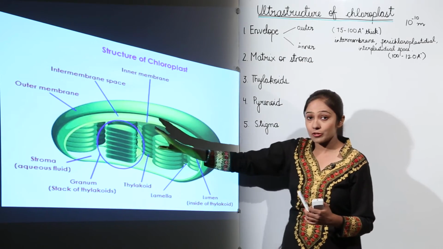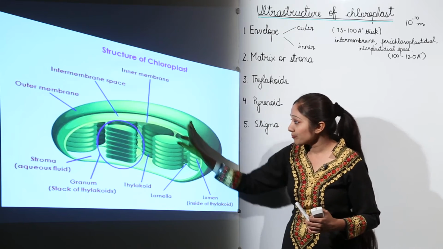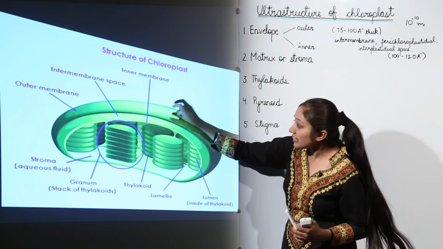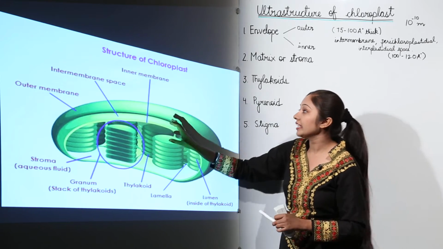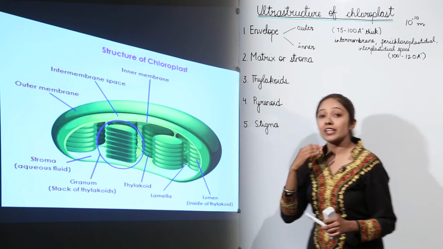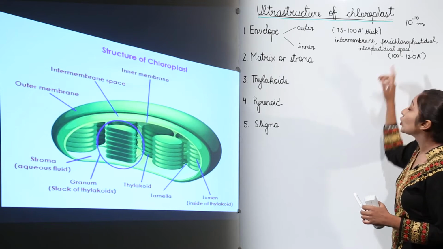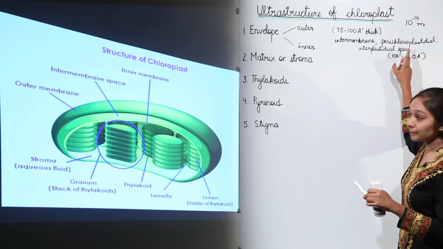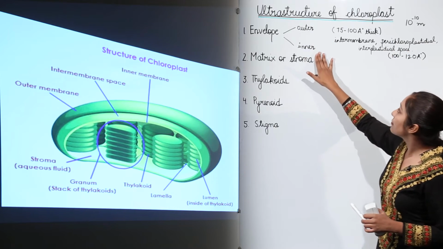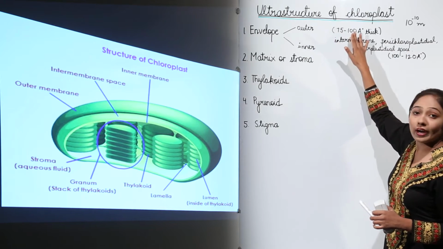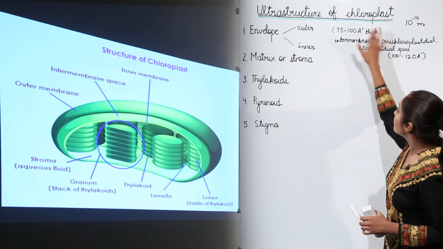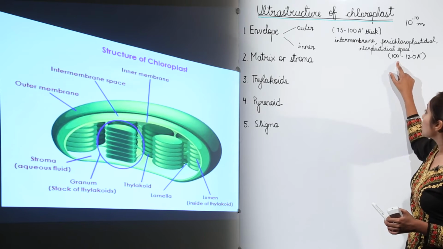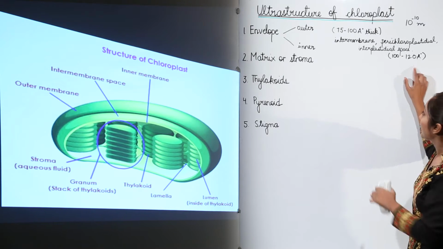You can see in this image very clearly the outer membrane and the inner membrane, and between them the intermembrane space. The outer and inner membranes are approximately 75 to 100 angstrom thick, and the intermembrane space is around 100 to 120 angstrom thick.